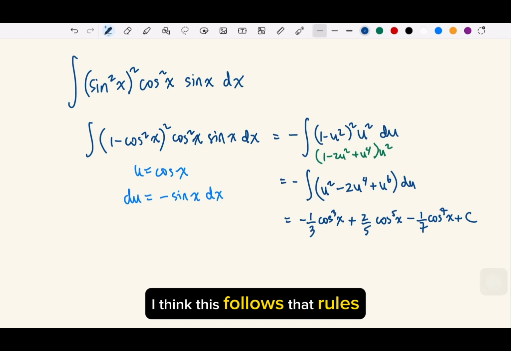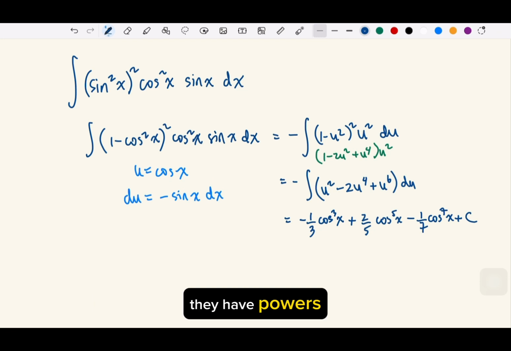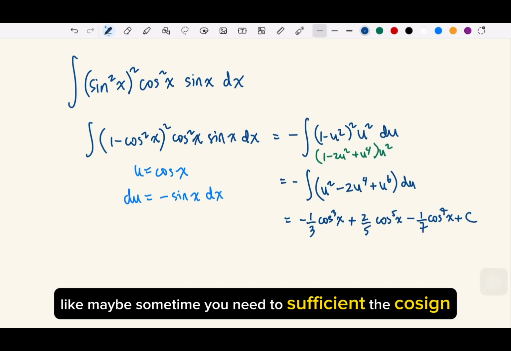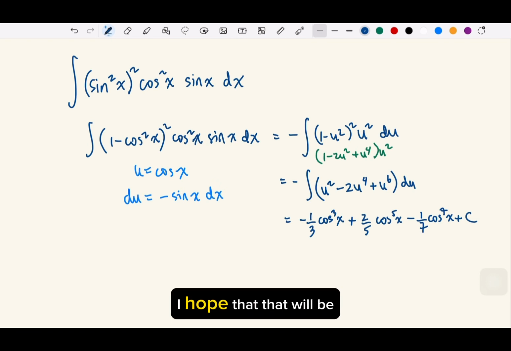Just follow that rule. Every time you see sine and cosine with powers, sometimes you need to substitute the cosine, sometimes the sine. I hope that is clear.